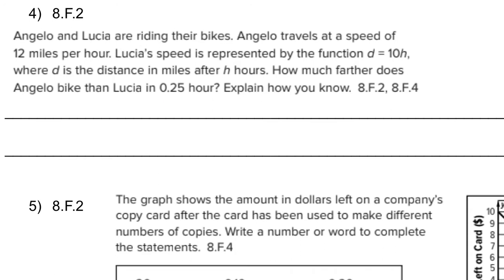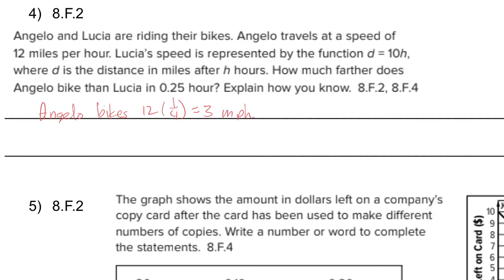Explain how you know. So I would say Angelo bikes 12 times 1/4, which is 3 miles.